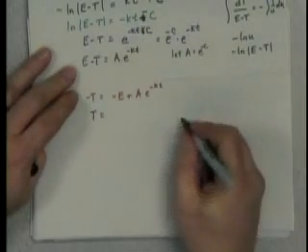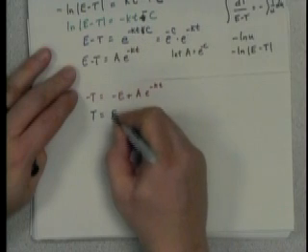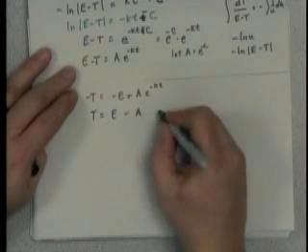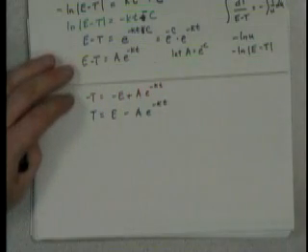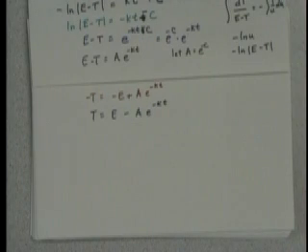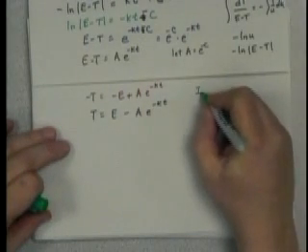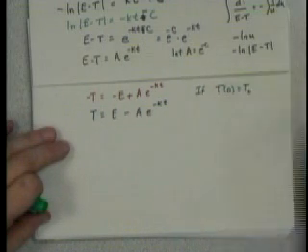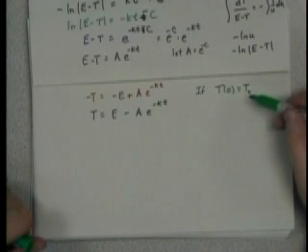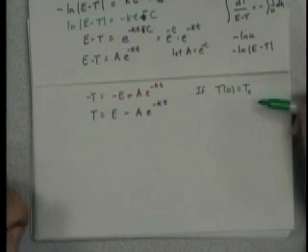So the temperature of my object is going to be equal to the temperature of the environment minus a e to the minus kt.